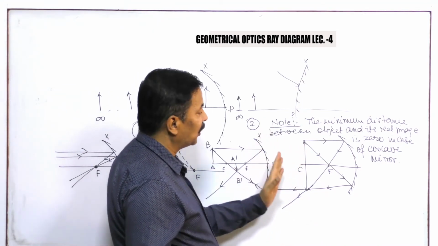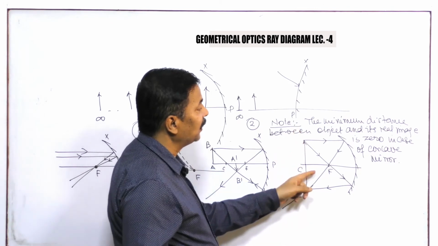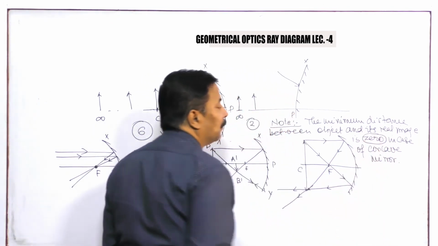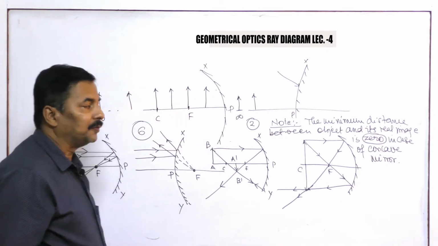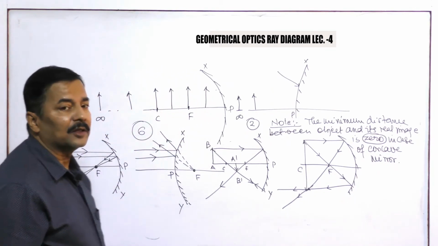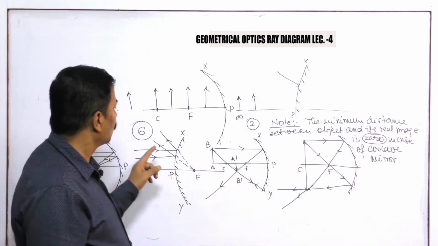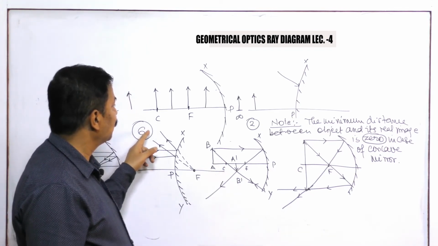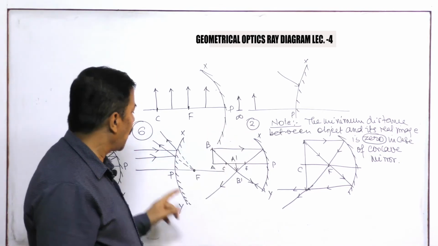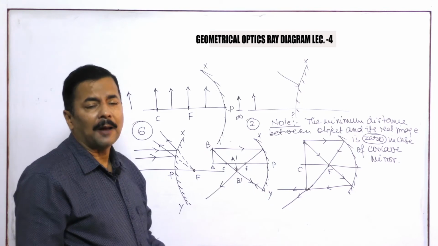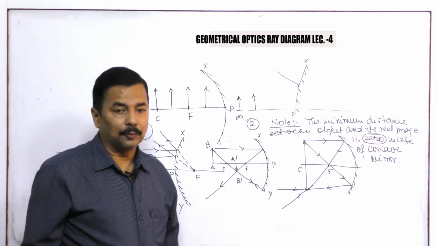So the distance between object and image is 0. Where the object is there, there only the image is being formed. So we have seen these cases. So altogether we have to see 6 plus 2, 8 ray diagrams, 1, 2, 3, 4 we have seen, 4 more diagrams I will discuss with you people.